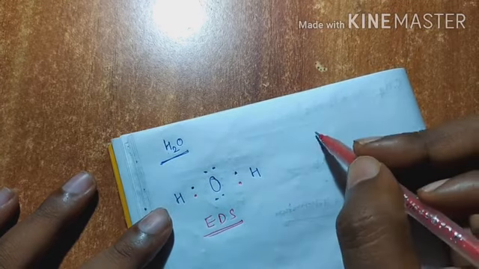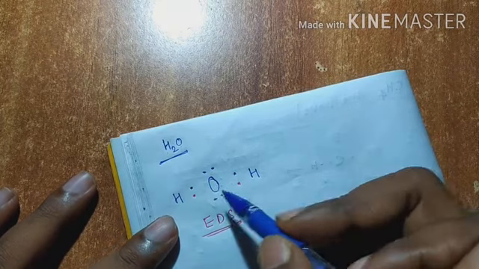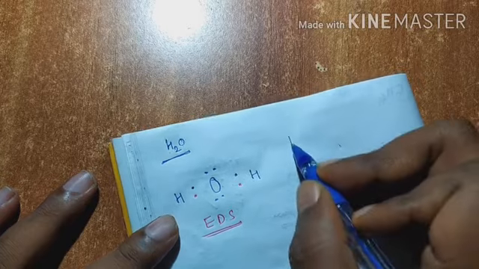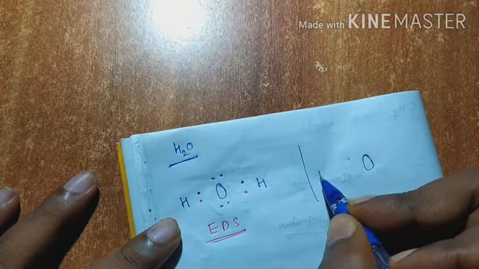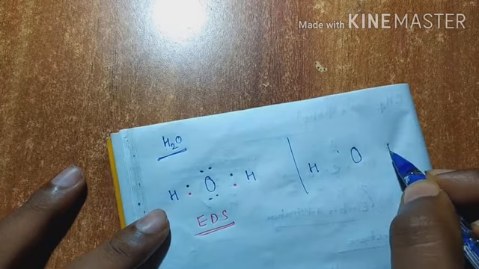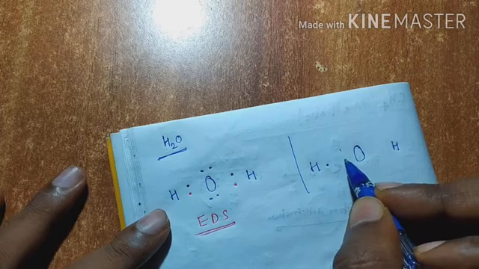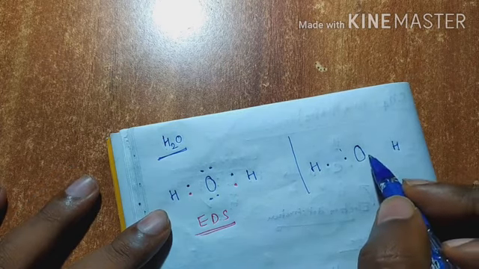Now the line structure. For the line structure, again, here is the oxygen, this is hydrogen, there is 1 electron, again show here 1 electron.